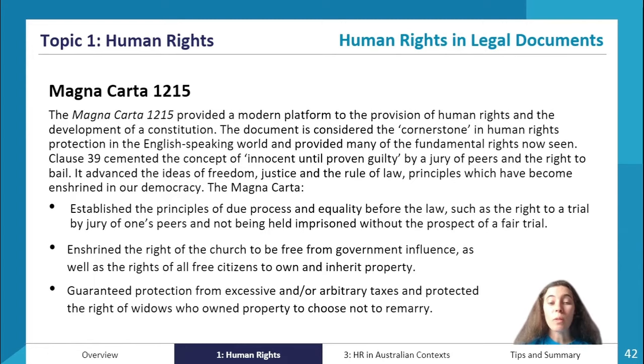It enshrined the right of the church to be free from government influence, as well as the rights of all citizens to own and inherit property. And lastly, it guaranteed protection from excessive or arbitrary taxes, and it promoted the right of widows who owned property to choose not to remarry.